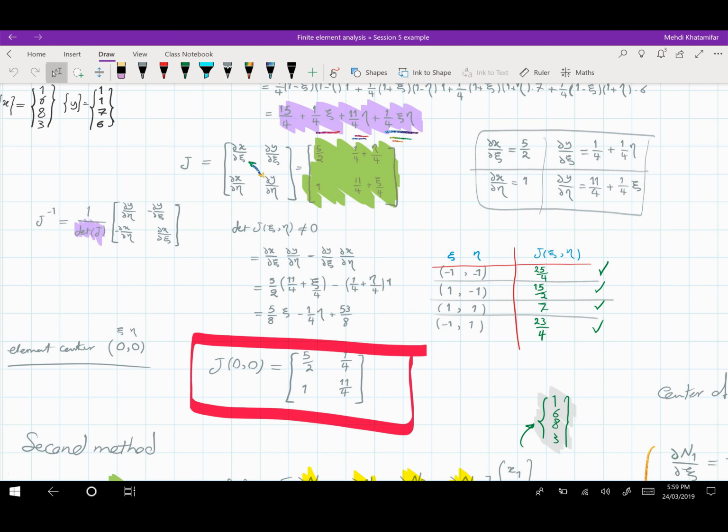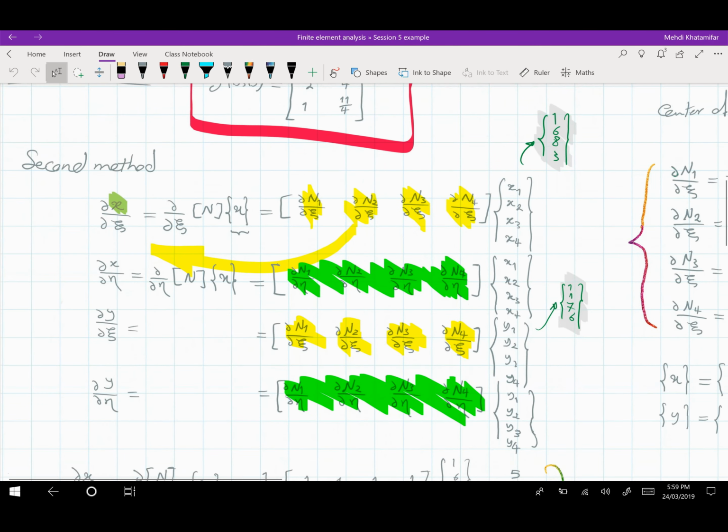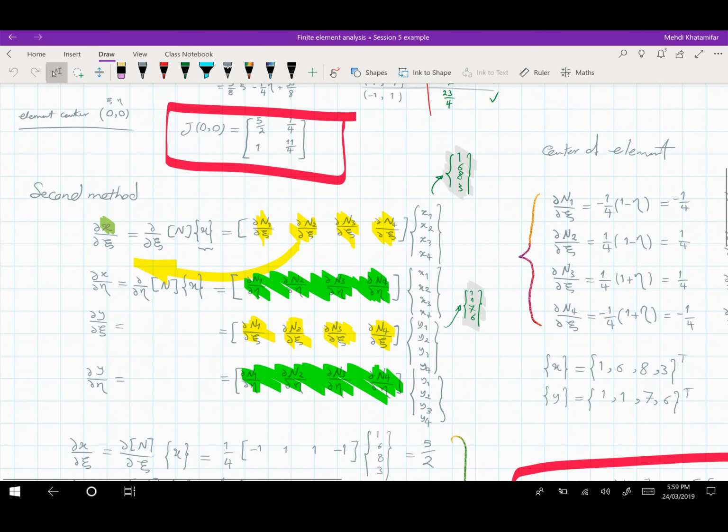Second time I said instead of finding the formula for global coordinates x and y, let's write the formula for the derivative of global matrix over local matrix. And when we extracted those formulas, we saw we have the derivative of shape functions over local coordinates, which is N1, N2, N3, N4 over psi and eta.